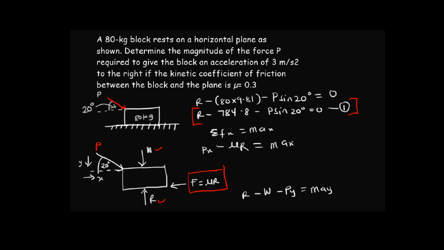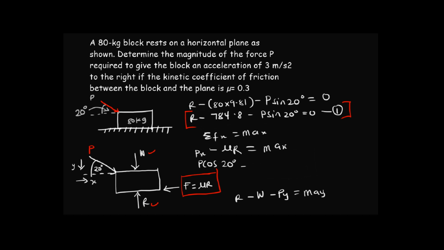So all you have to do is to substitute the known expressions here. We know that Px equals P cosine of 20 degrees, minus the coefficient of friction times R, and we know the coefficient of friction to be 0.3, so that will be minus 0.3 R. And then this should be equal to mass times acceleration. We know the mass to be 80 and the acceleration to be 3 meters per second squared, so that will be times 3.